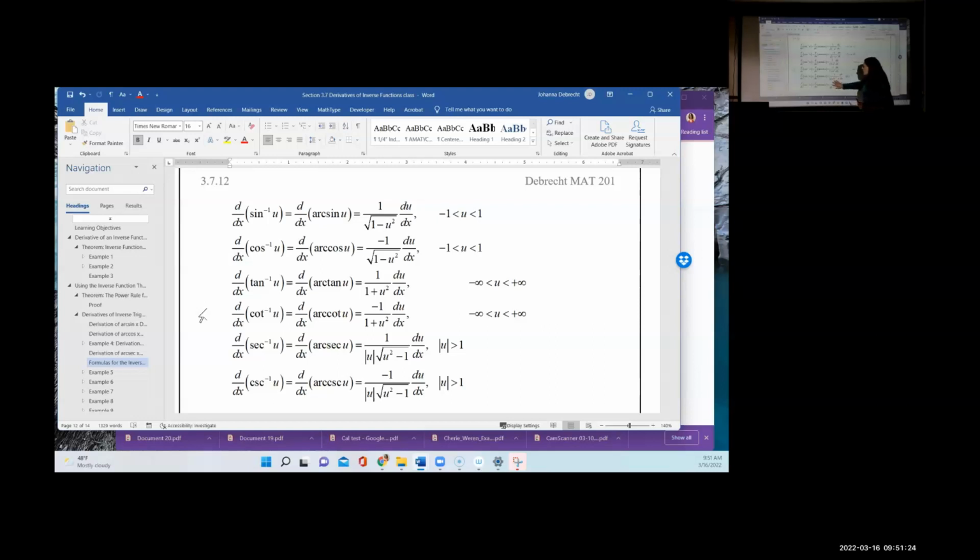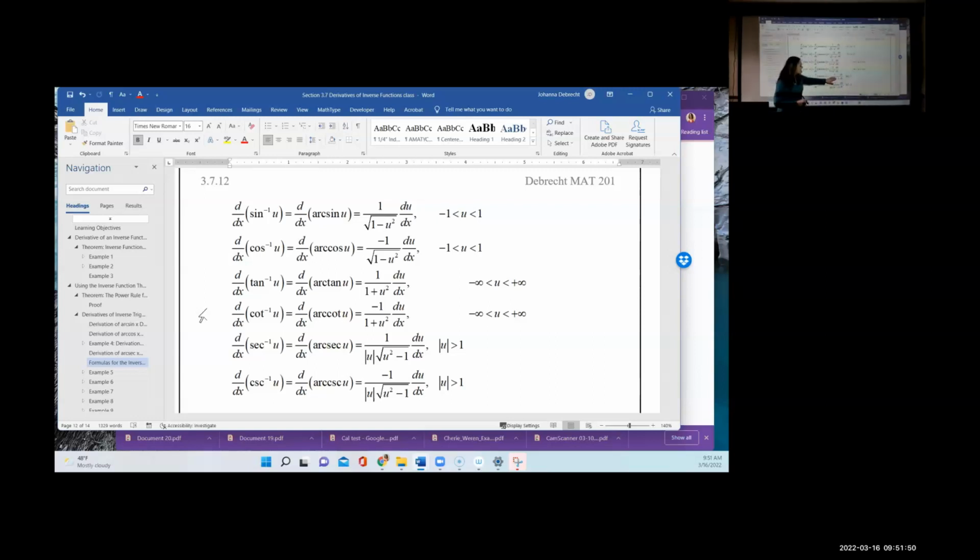Looking at arcsecant and its reciprocal function arc cosecant, we have 1 over the absolute value of u times the square root of u squared minus 1 du dx. We have to make sure that u is greater than 1, or when we square it, it will get smaller, and then we'll have a negative under that radical.